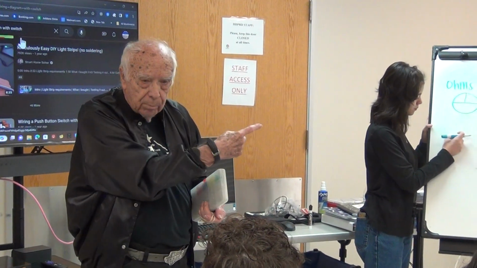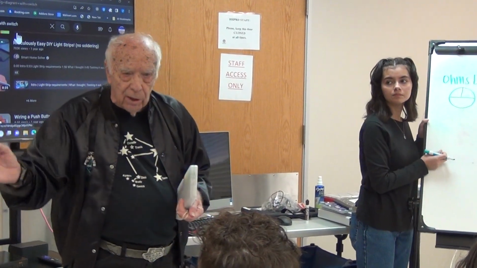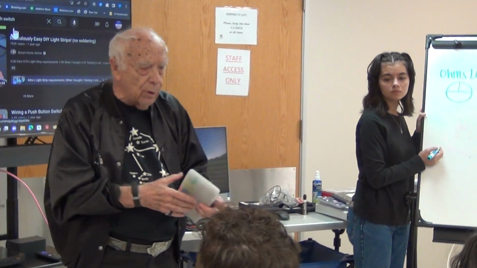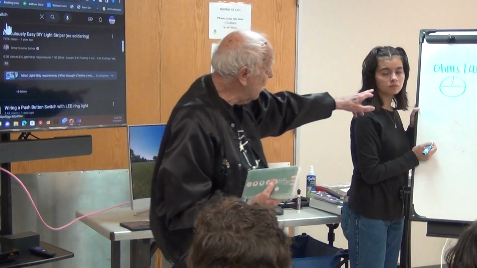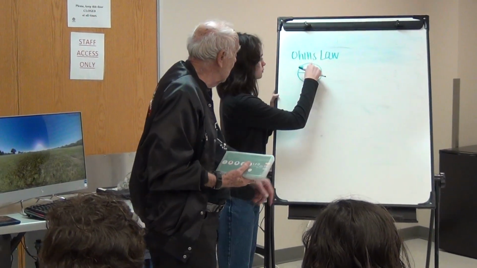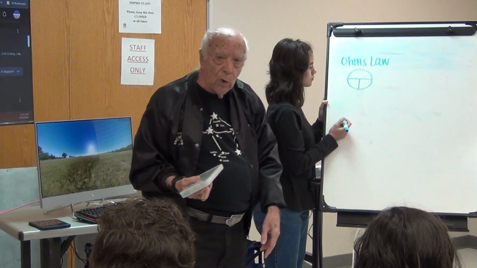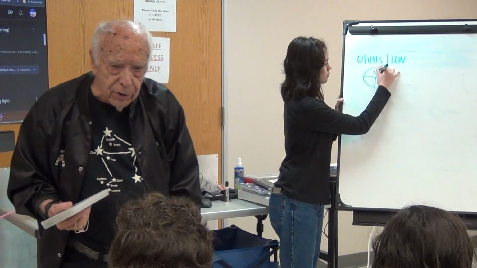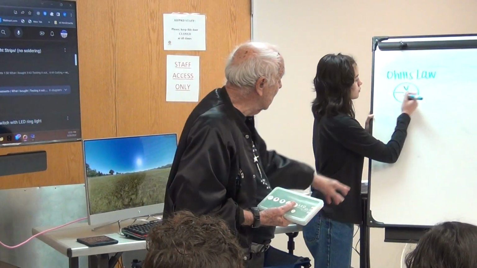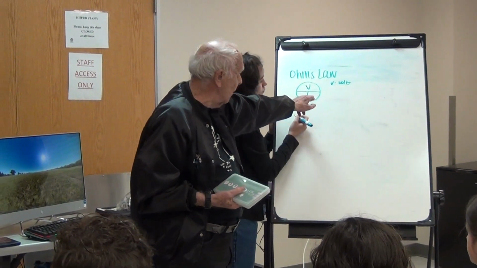You're not going to end up upstream. So it goes down a certain way, north to south or south to north, depending on what you want. So that's called volts, V-O-L-T-S. This is called Ohm's law.